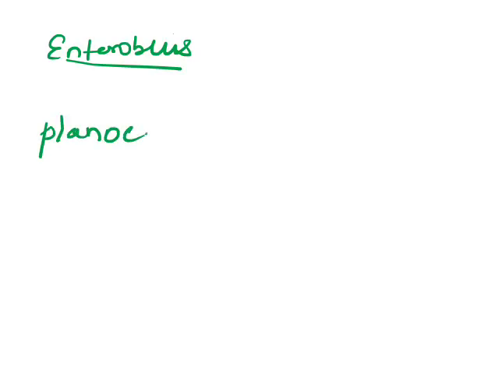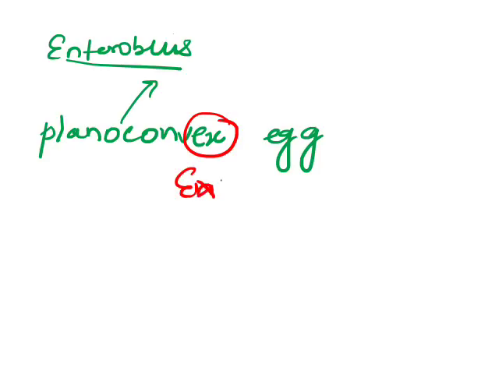The next mnemonic is to remember the egg of Enterobius vermicularis. It has a plano-convex egg. They will ask you which of the following has a plano-convex egg. It is Enterobius. How do we remember that? Plano-convex: rather than writing Enterobius, it is Exterobius.